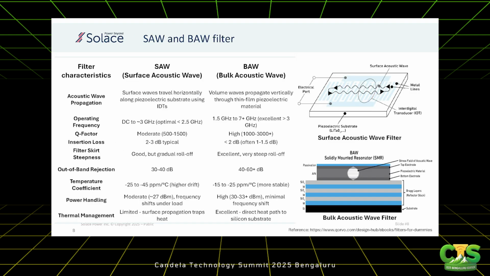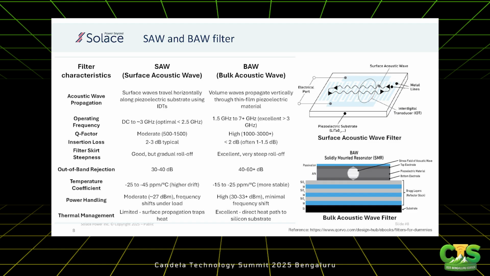Here are two popular filters that are used in the market, which are SAW and BAW. The SAW is surface acoustic wave and BAW is bulk acoustic wave. For lower frequencies up to 2.4 gigahertz, SAW filters are very popular, and both are fundamentally based on piezoelectric material, where an electric signal is converted into an acoustic signal, and that acoustic mechanical vibration basically resonates at 2.4, 5, or 6 gigahertz, and it gives you excellent rejection.